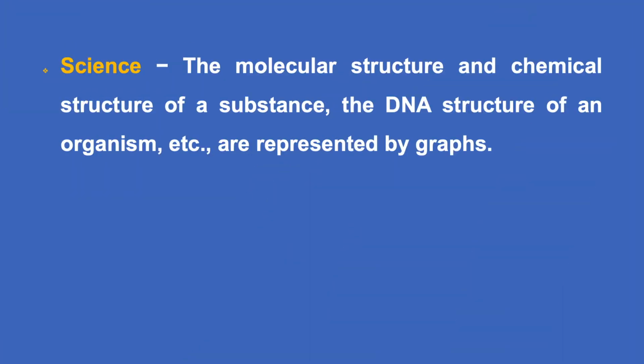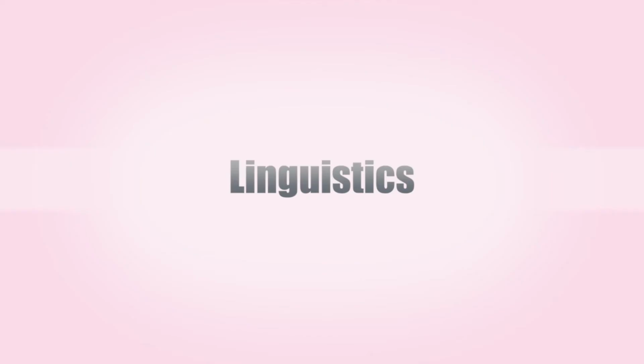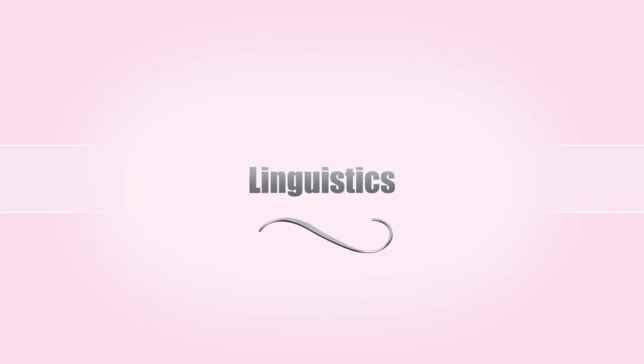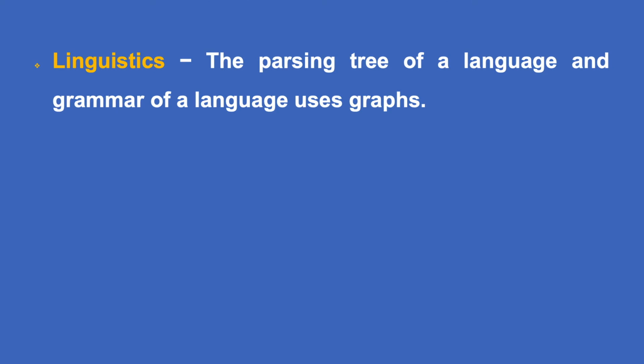In science, the molecular structure and chemical structure of a substance, the DNA structure of an organism, etc. are represented by graphs. In linguistics, the parsing tree of a language and the grammar of a language use graphs.